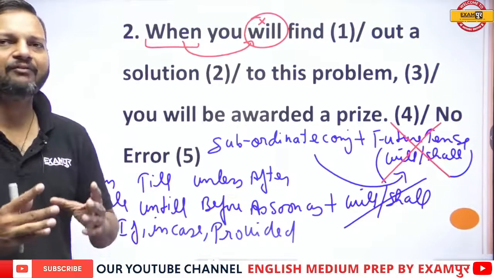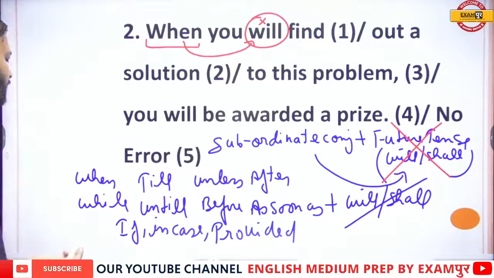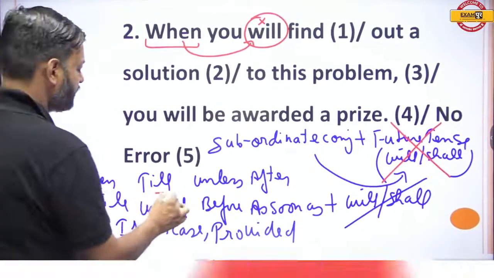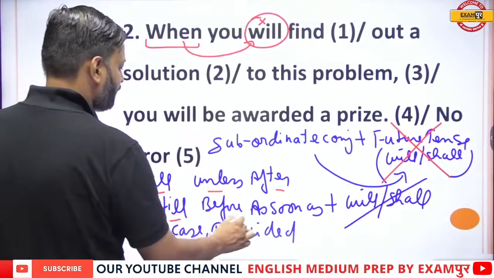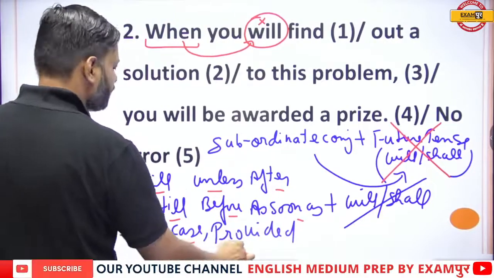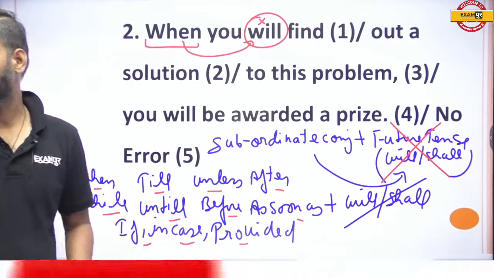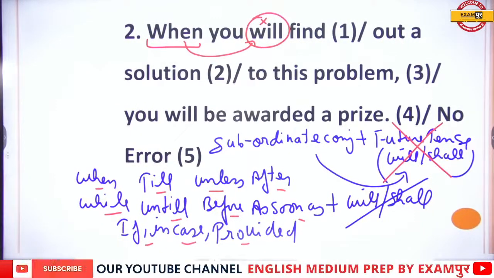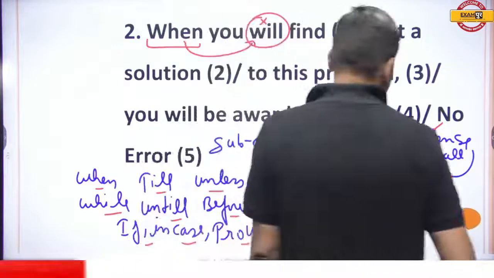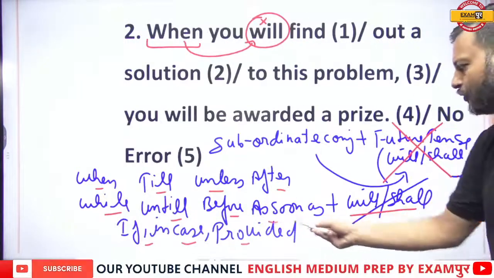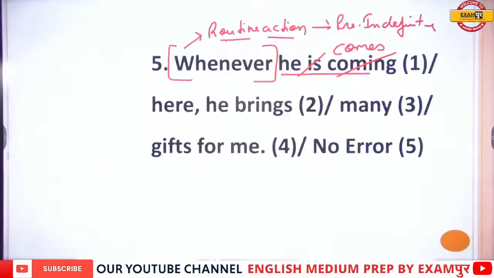Subordinate conjunction is never followed by will or shall. And what are subordinate conjunctions? When, till, unless, after, while, until, before, as soon as, if, in case, provided. All these are subordinate conjunctions. So remember, as soon as is also a subordinate conjunction.